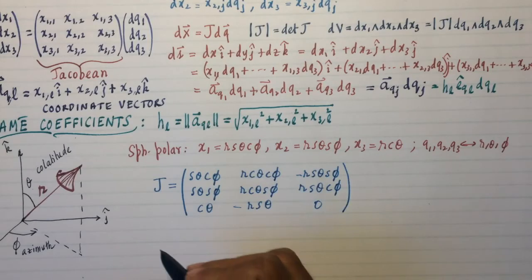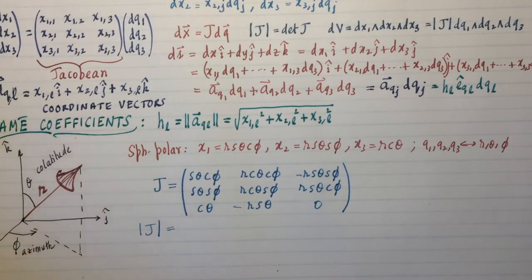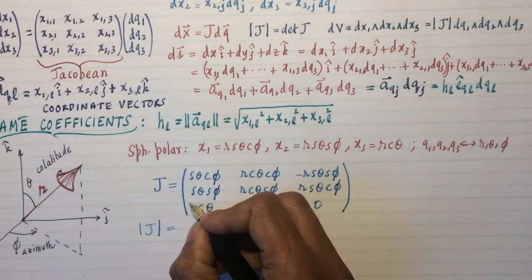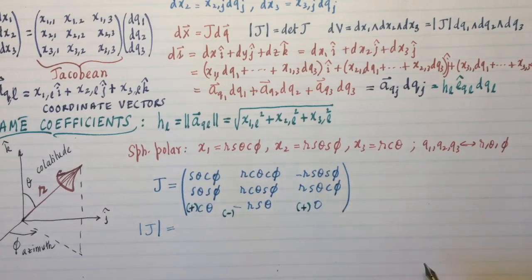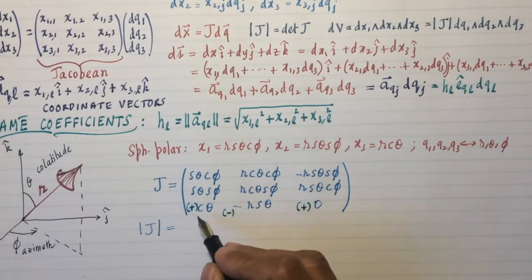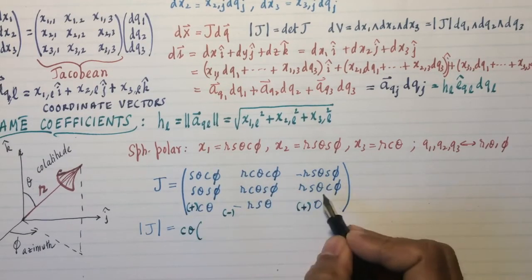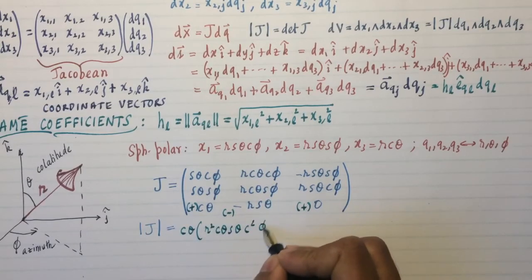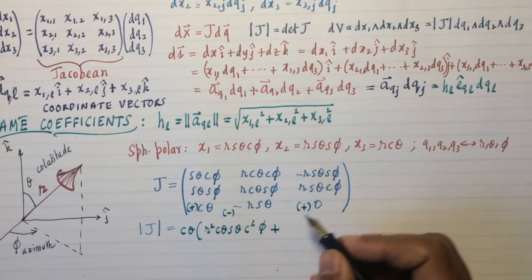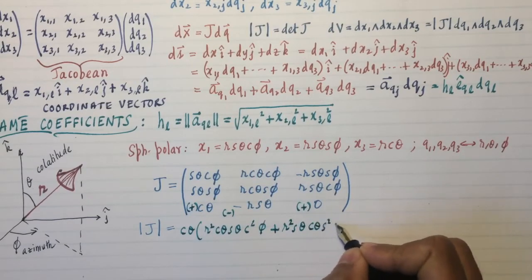The Jacobian determinant, normally I would have expanded from the top row, but this time it's pretty obvious I should use the bottom row, so let me do that. That's a sign assignment for the determinants. So I get cosine theta times this minus that. That's r squared cosine theta sine theta cosine squared phi, and that's minus of a minus, so that's plus r squared sine theta cosine theta sine squared phi.